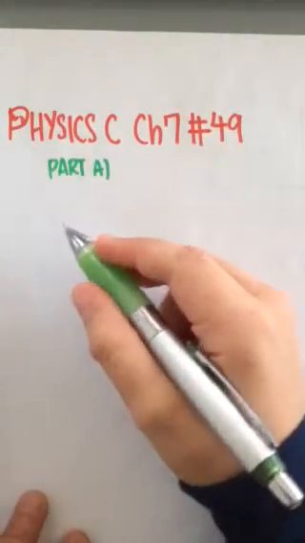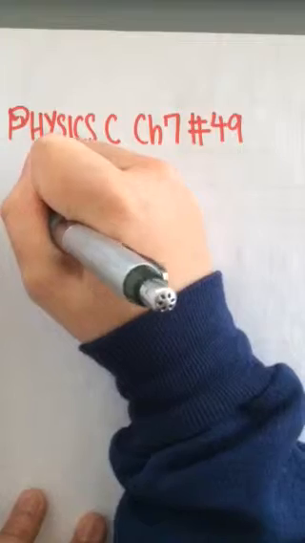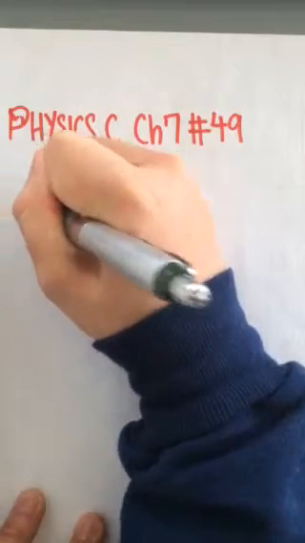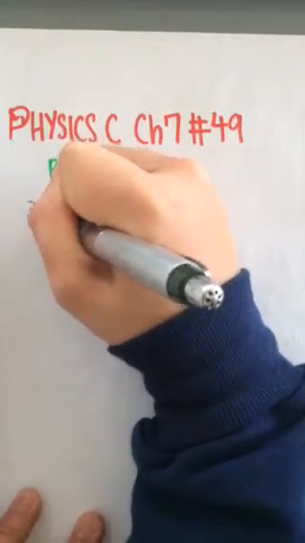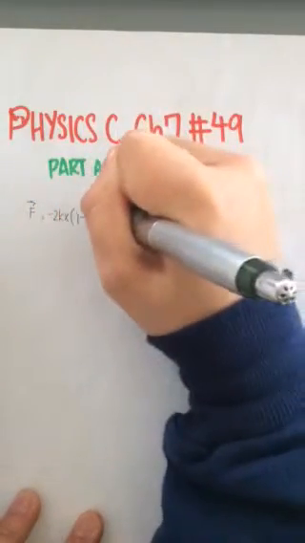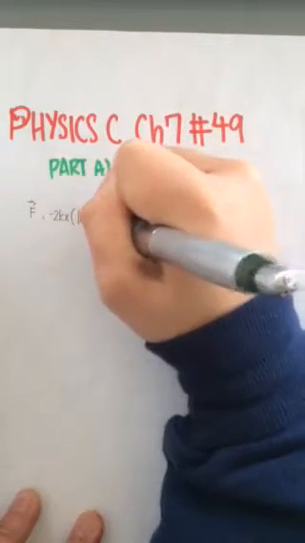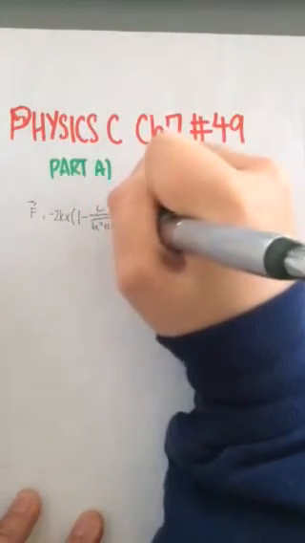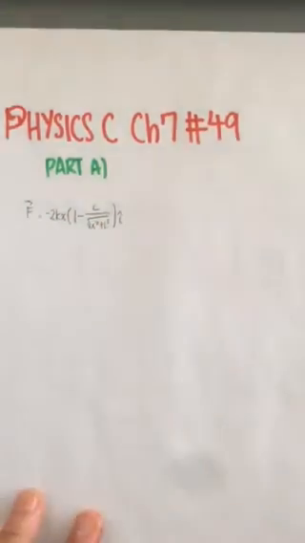So first let's write down what they want us to prove: force equals negative 2kx times 1 minus L over the square root of x squared plus L squared times i, the x component.